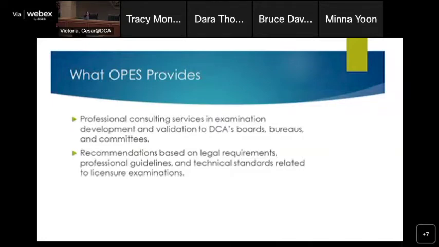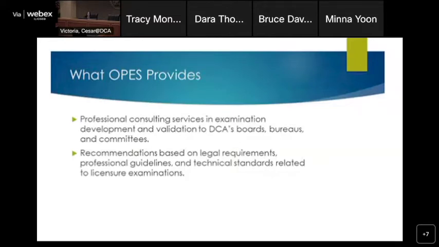And I always like to share, too, that these requirements and guidelines and standards are those that are accepted on a national level. The guidelines that OPS follows are not just necessarily related to the Department of Consumer Affairs or to the state of California, but they apply to all regulatory exams, all selection and employment exams, state, federal, national.